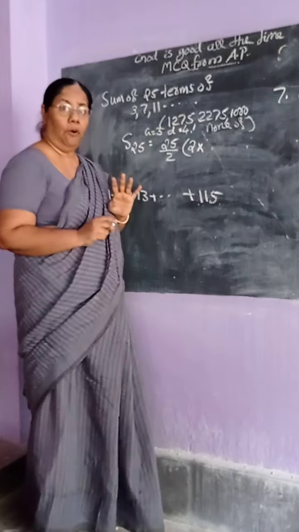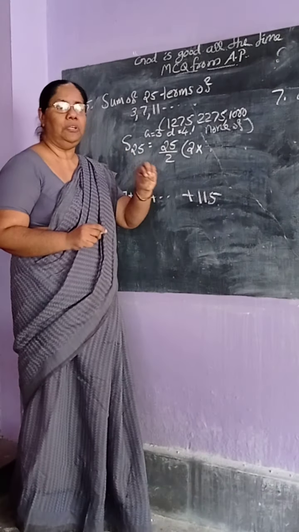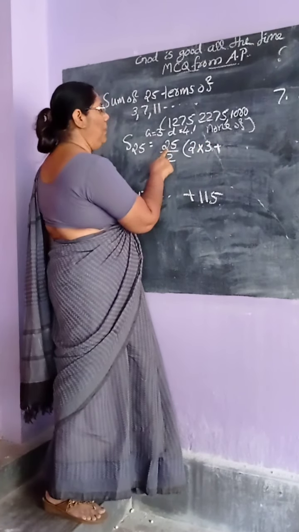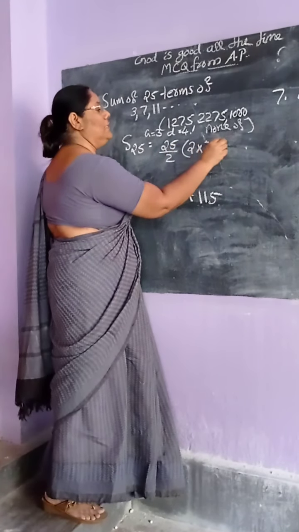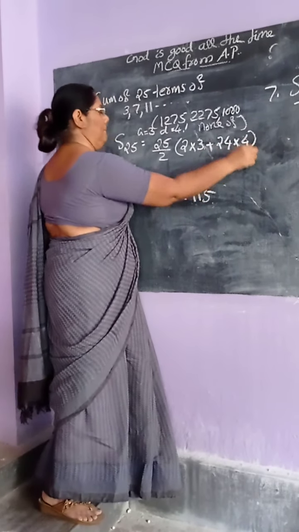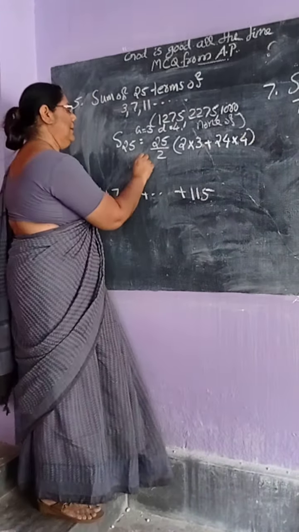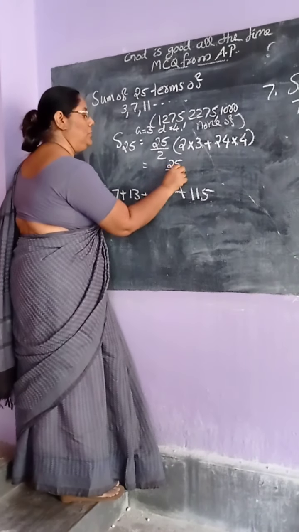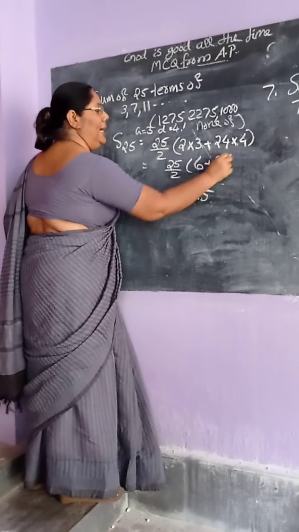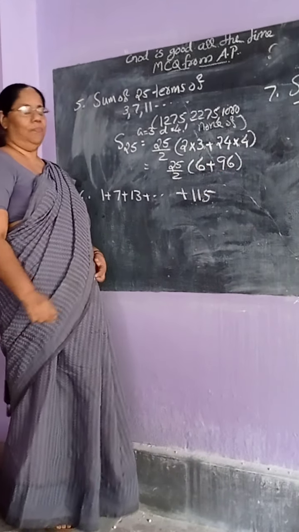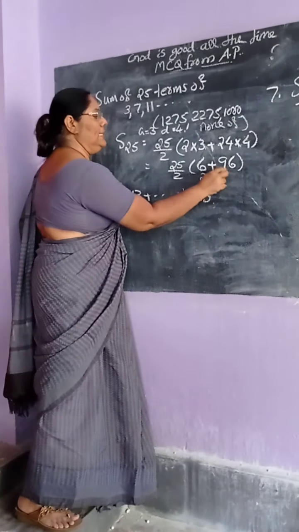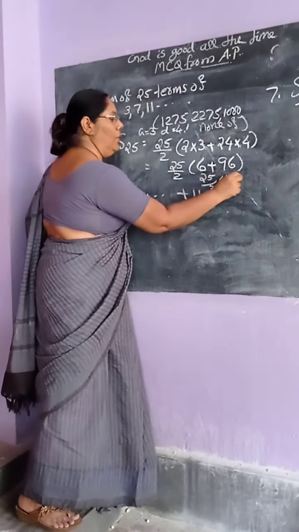First you copy the formula, then substitute the values. 2 into 3 plus N minus 1, that means 25 minus 1, 24 into D, which is 4. Is it clear? That is 25 by 2 into 6 plus 24 fours are 96. That is 25 by 2 into 96 plus 6 is 102.